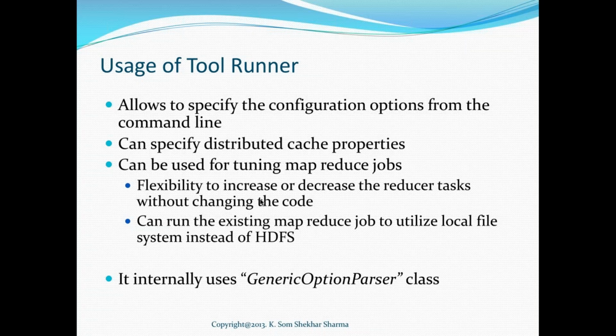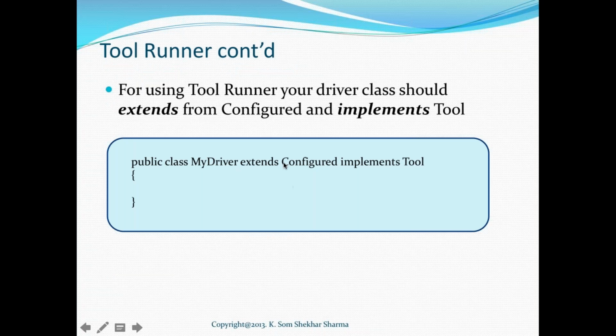You don't want to take the pain of changing the code, rebuilding it, moving to the cluster, and deploying it again. Instead, you want to have the same jar created once, and then you provide the parameters. That's the usage of tool runner. To implement it, your class should implement the Tool interface.